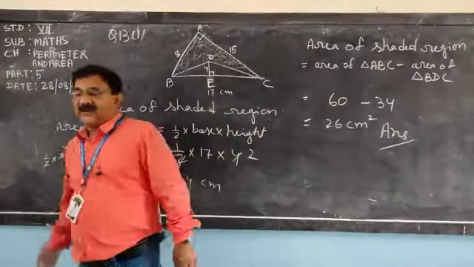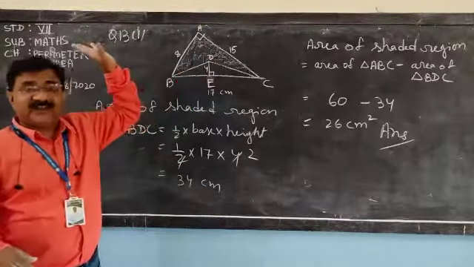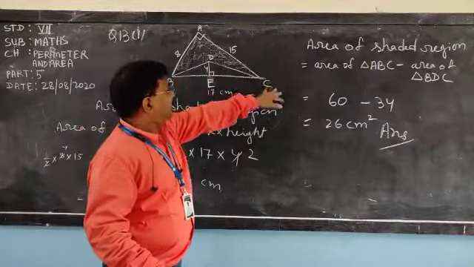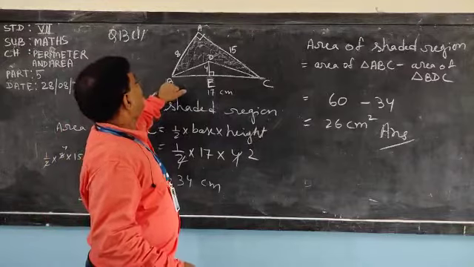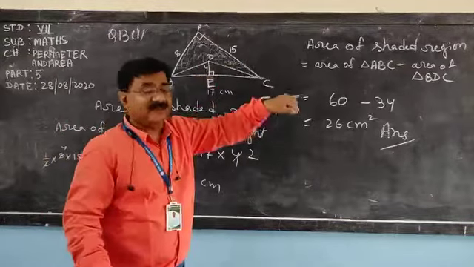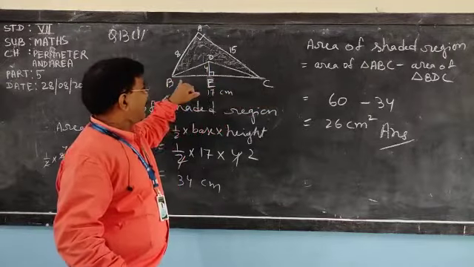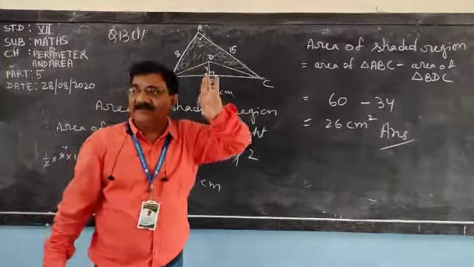Once more, please note this down. We were asked to find the area of the shaded region. What have I done? We got the area of triangle ABC, and again we found the area of triangle BDC. But in BDC, height was given and BC was not given, and this is the hypotenuse of triangle ABC.